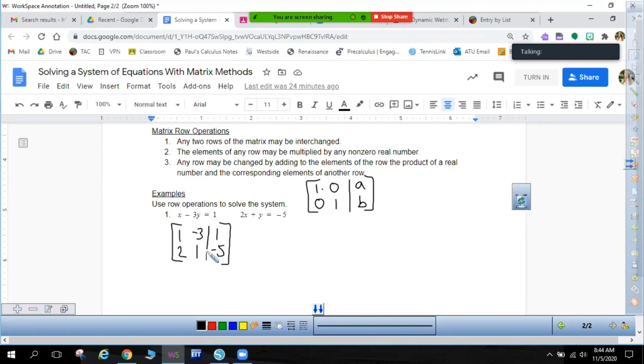But the second row, if we were to take row 2 and multiply it by 3, 3 times row 2, what that would do is change this +1 to a +3, because 3 times 1 is 3. And then when we add that to the first row, that's going to change this -3 to a 0. So we're going to multiply row 2 by 3, and then we're going to add it to row 1.